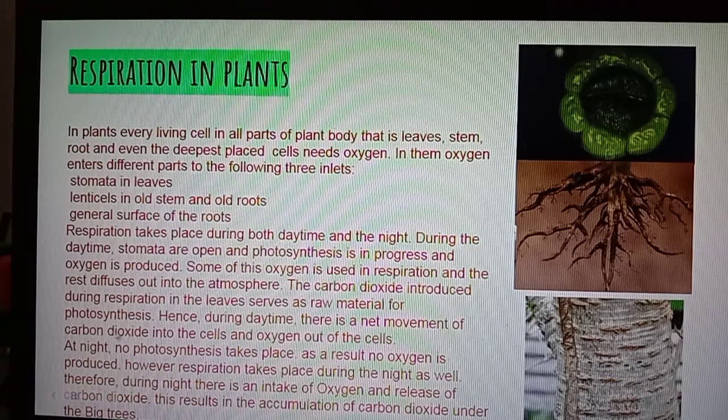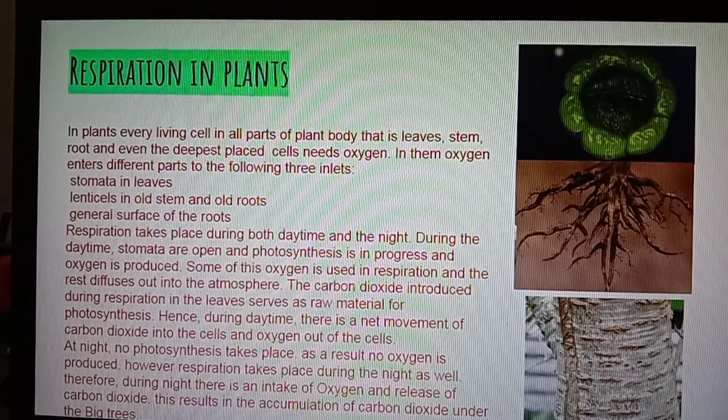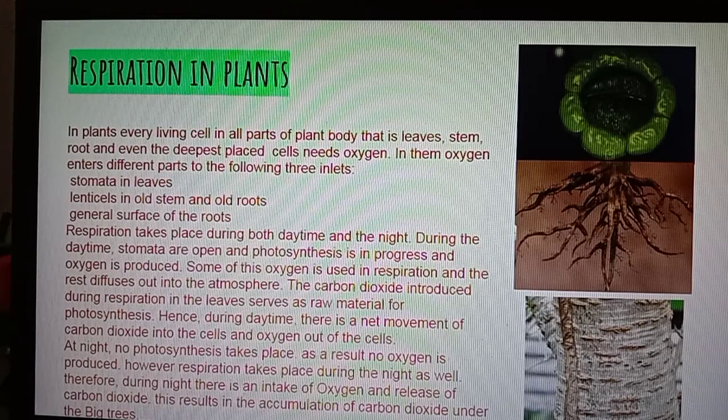Now respiration takes place both during daytime and night. During daytime, stomata are open and photosynthesis is in progress. We know what photosynthesis is: the process by which plants prepare their food in the presence of sunlight. Using photosynthesis, glucose is formed, then using glucose, oxygen is needed, and using glucose, energy is liberated.